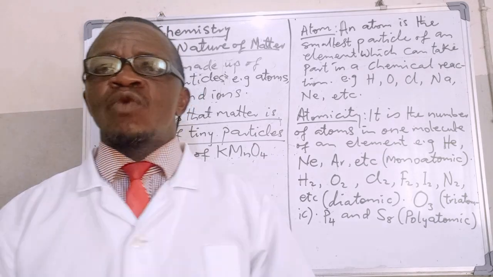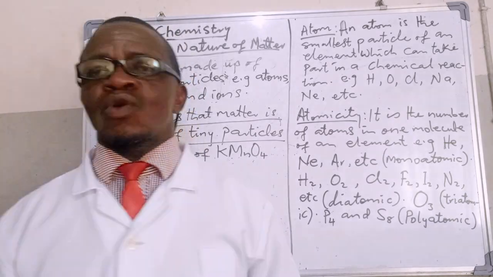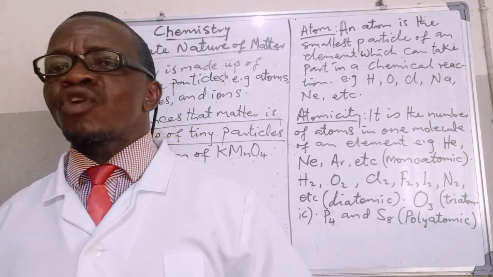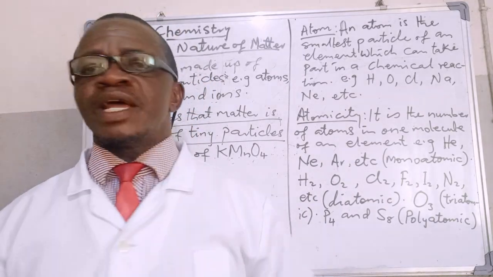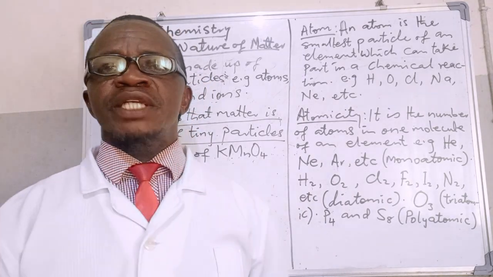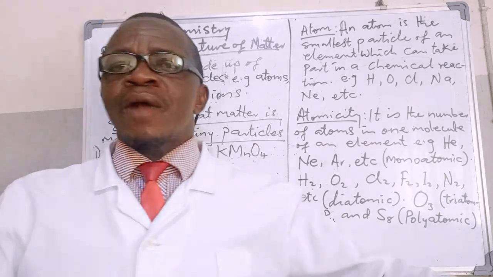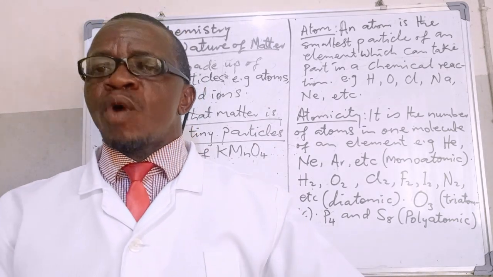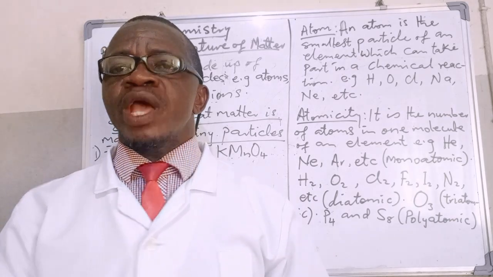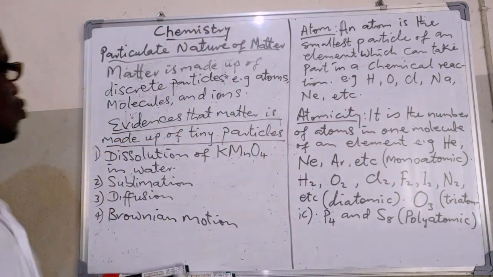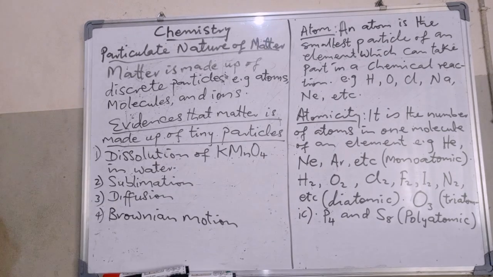These are always in constant movement, moving randomly, mixing up themselves. The KMnO4 mixes with the water molecules and brings the purple color everywhere without you stirring. That's number one.